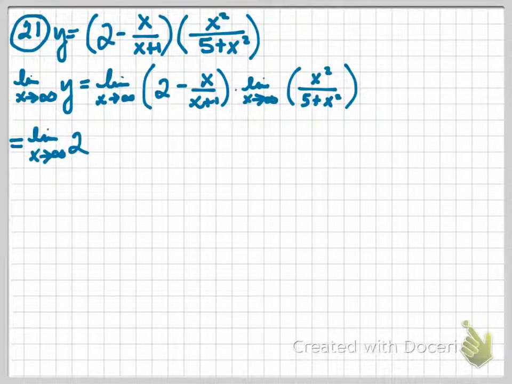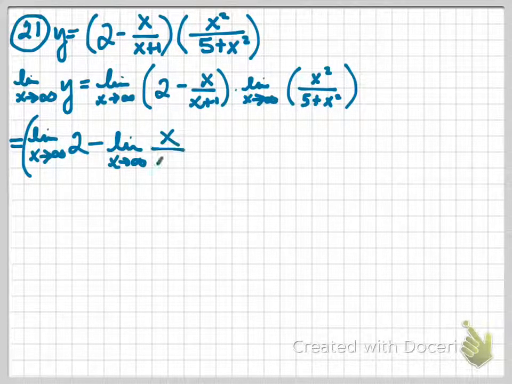So then I have a constant, right? And we need parentheses around this, right? Minus the limit of, as x approaches infinity, of what? x over x plus 1, right? And then we're going to need our other parentheses because now the other thing in the product is a limit of a what?